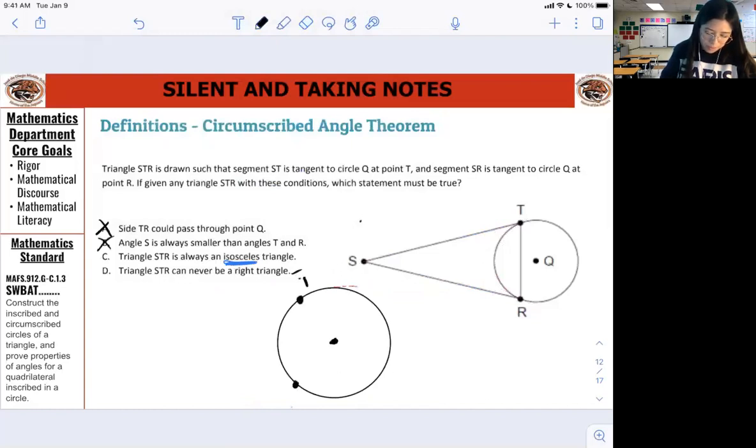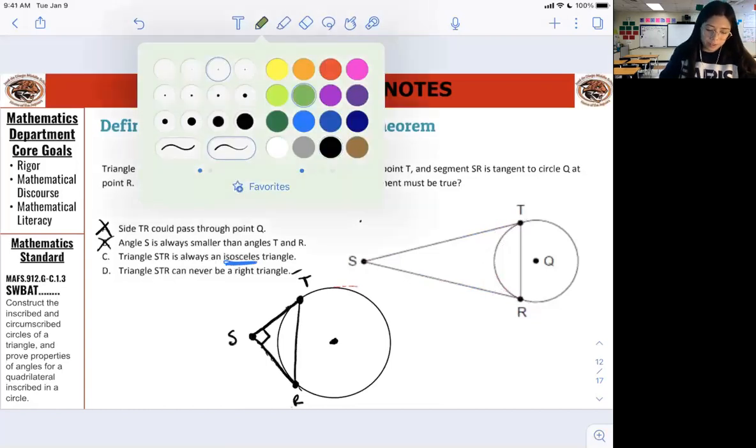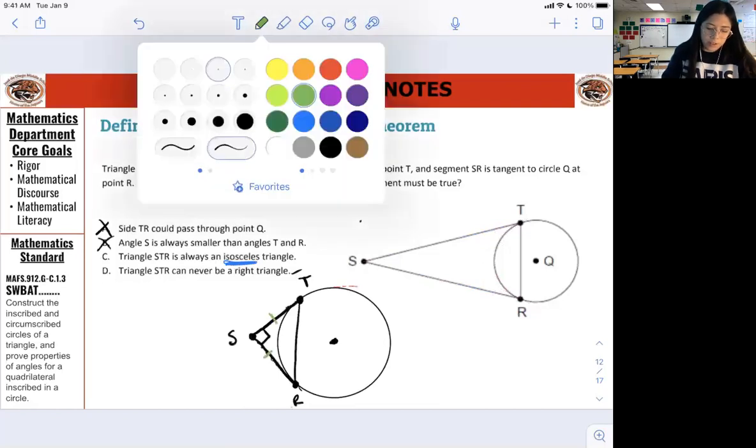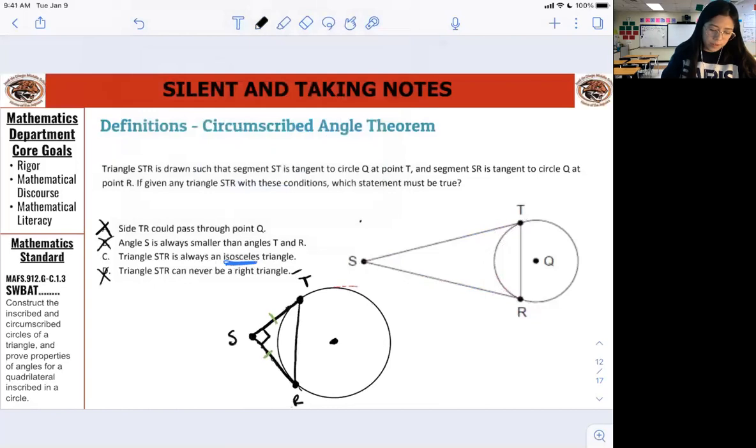Here's T, here's R, and here's S. Now, it's not perfect, but here I have a right triangle. So it can be a right triangle depending on how close you get to the circle. So D is also false.